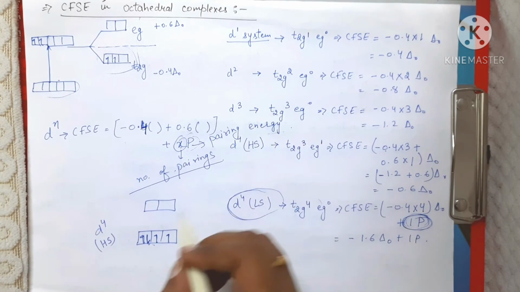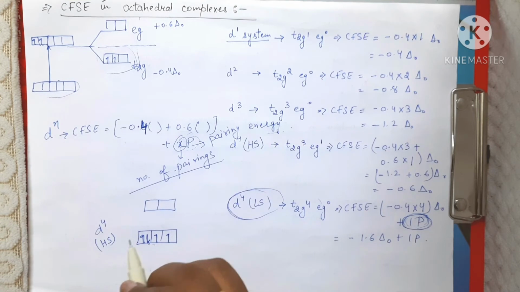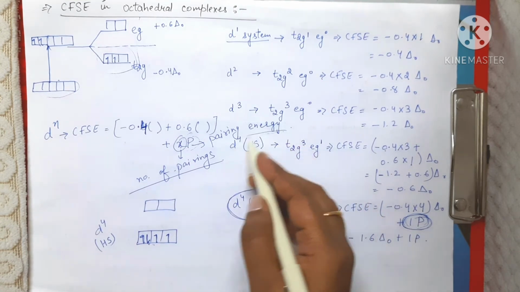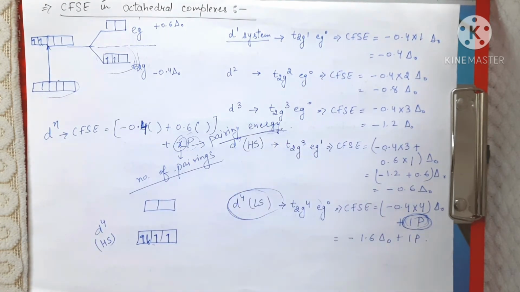Because for electrons to get paired, we have to supply some amount of energy. That energy is called the pairing energy, which we have to consider while calculating the CFSE in octahedral complexes. So this is all about the calculation of CFSE in octahedral complexes.